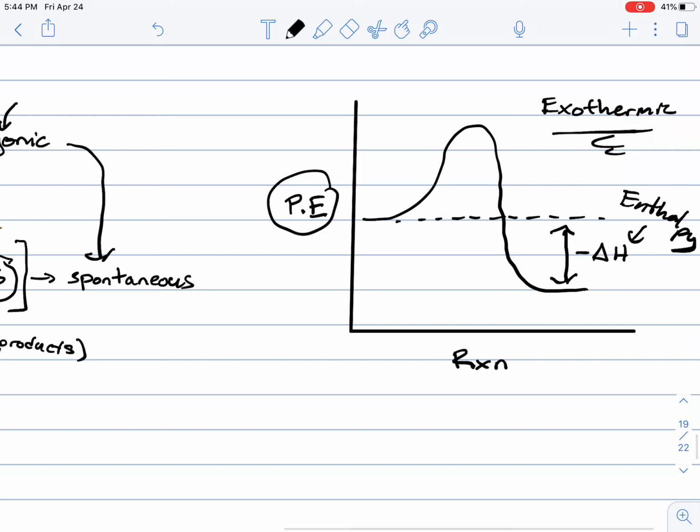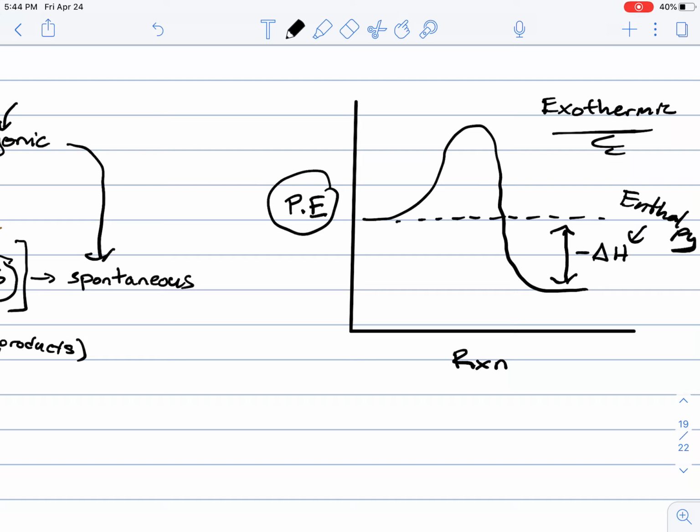The graphs and the sign look very similar, but enthalpy alone cannot exclusively predict whether or not a reaction is spontaneous or non-spontaneous. Enthalpy just tells us that there's going to be a net release of energy.